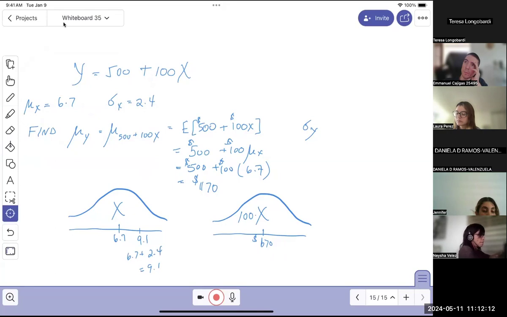What does 9.1 become? If 6.7 becomes 670, 9.1 becomes what? $910, right? So is that going to be here?